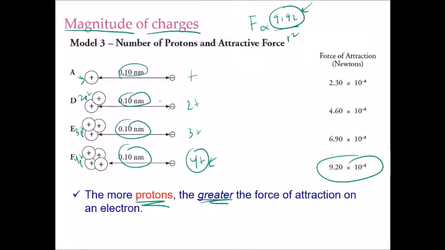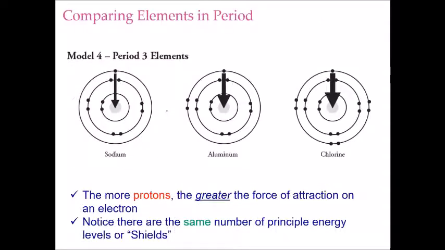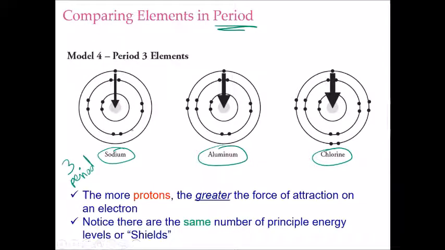So when we were looking at distance, we were looking at the ones going down the group. When we're looking at magnitude of charges, we're looking at ones that are in the same period, in the same row on the periodic table. Like sodium, aluminum, and chlorine are all in period 3 on the periodic table. They all have 1, 2, 3 energy levels.